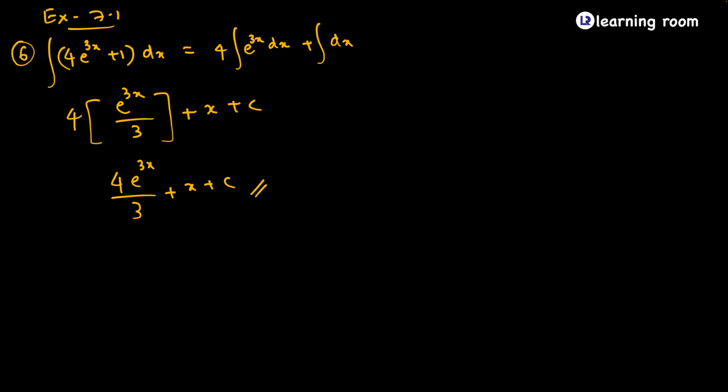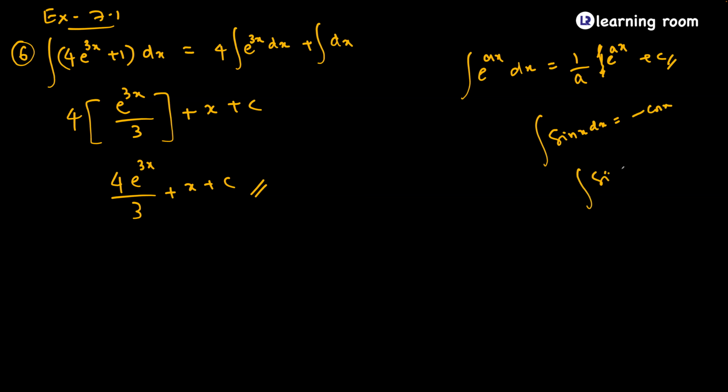Because the integral of e power ax dx is equal to 1 by a times e power ax. So whatever is the multiplication factor, there's one thing you need to remember. For example, what is the integral of sin x? It is minus cos x.